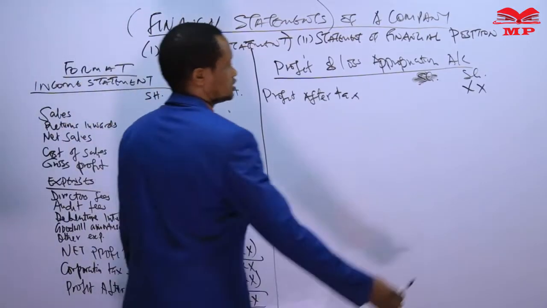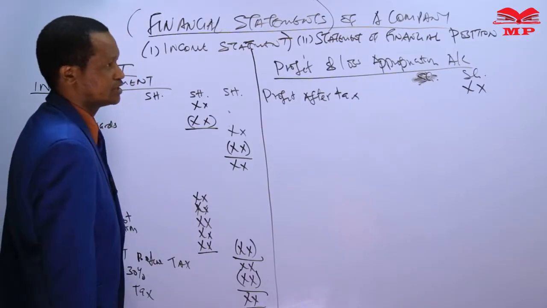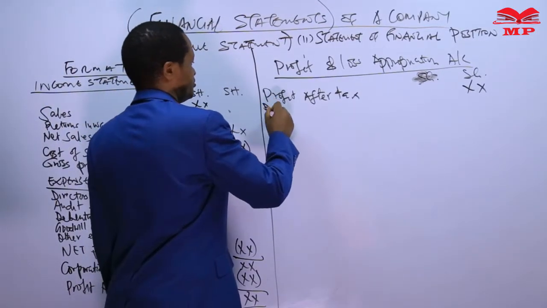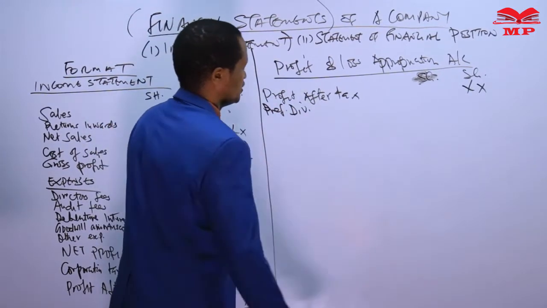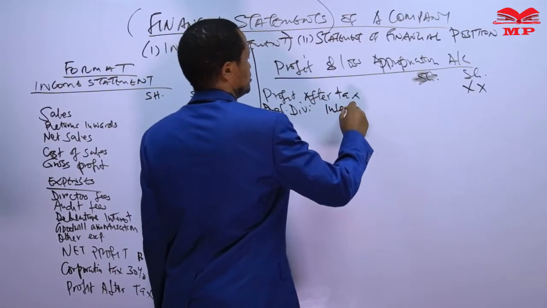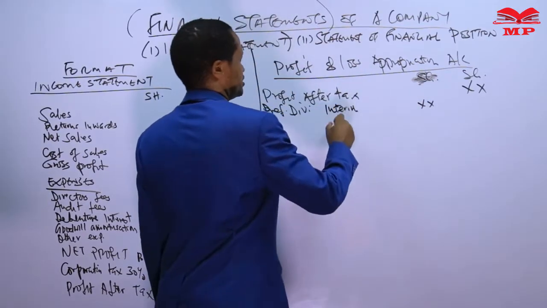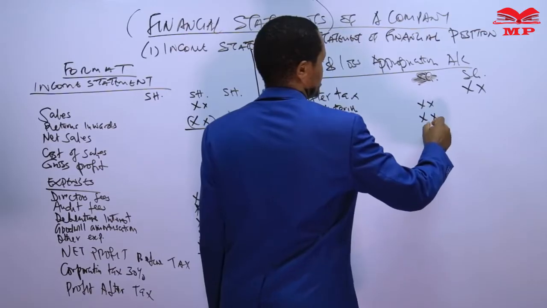So out of this profit, a company is expected to pay preference dividend. Preference dividend, and this dividend may be interim dividend plus the final dividend or the proposed dividend.